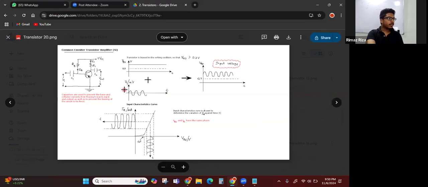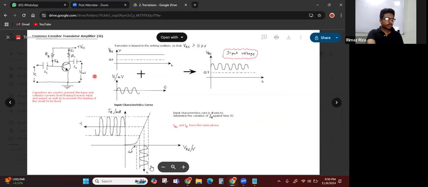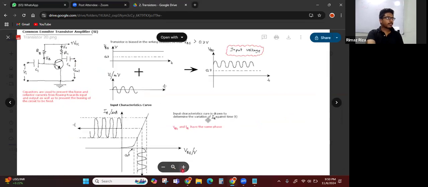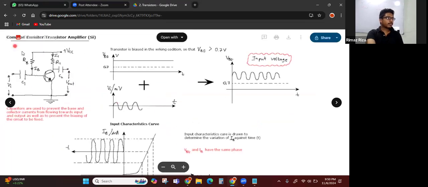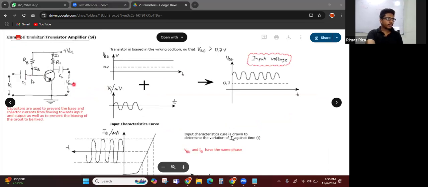So here is the common emitter transistor amplifier. This output signal is taken from here, and the input signal is given from here.